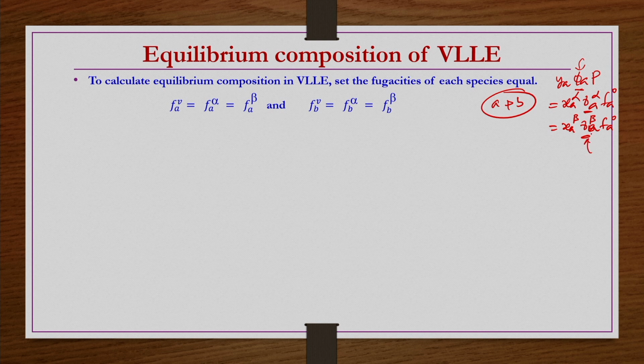So accordingly, these gamma A alpha and gamma A beta expressions would come into the picture. If you have non-ideality in all three phases, solving these equations becomes very difficult, because all these equations are highly non-linear, and obtaining the composition by hand calculation is very difficult. One can write an algorithm and then solve them, or there are also a few programs available that we can use to obtain the equilibrium composition for such non-ideal, non-linear systems.